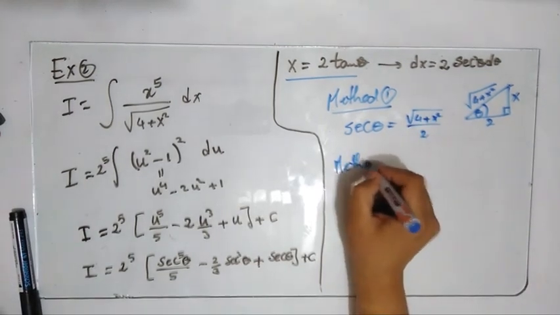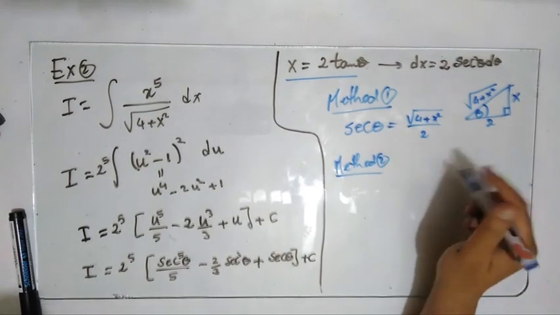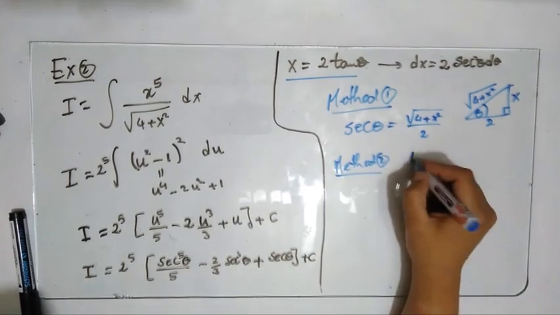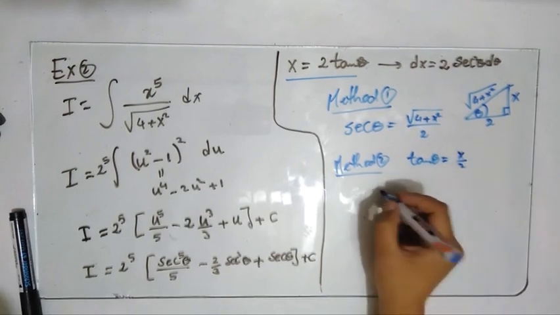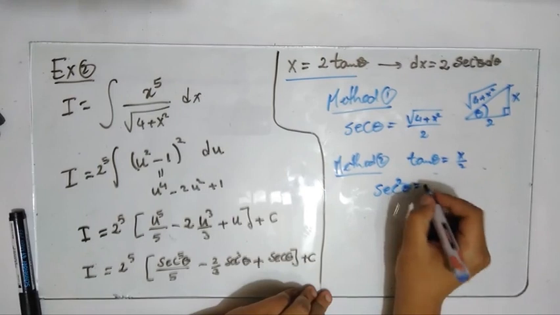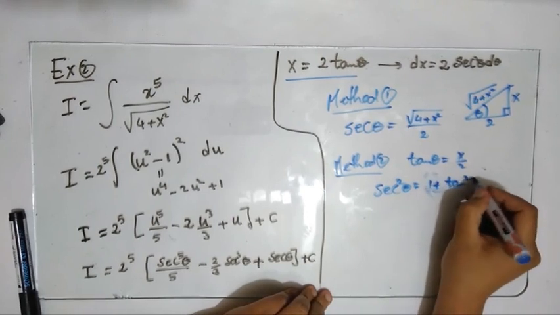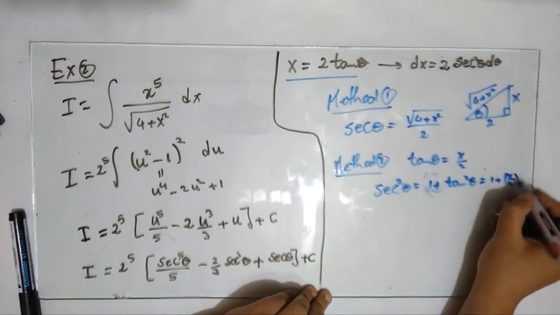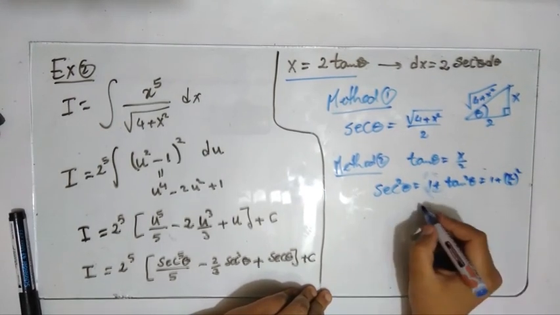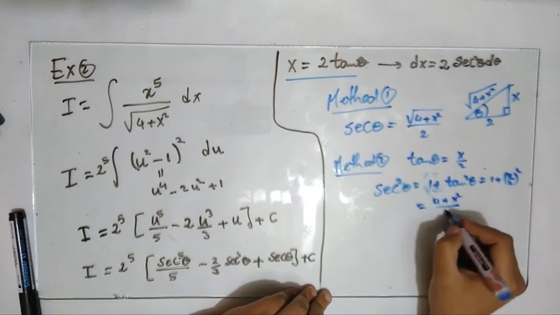The second one is to use the trig identities to do that. We know that tan theta equals x over 2. So sec squared theta equals 1 plus tan squared, so it will be 1 plus x over 2 squared, okay, which can be written as 4 plus x squared over 4.